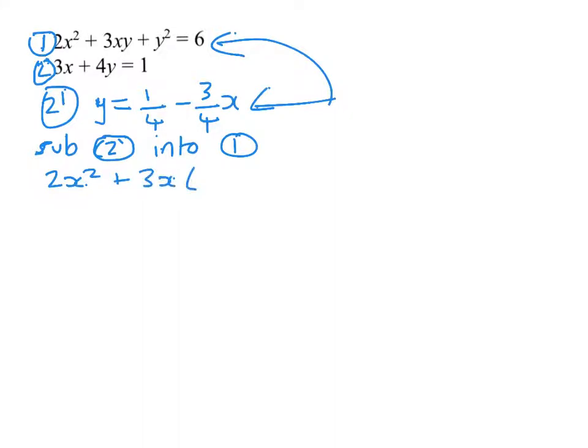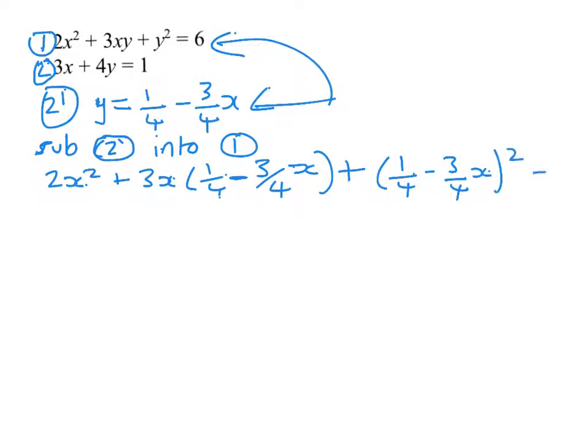So instead of y, I've got 1/4 minus 3/4 x plus, and then I've not got y squared, but I have got now 1/4 minus 3/4 x all squared equals 6.